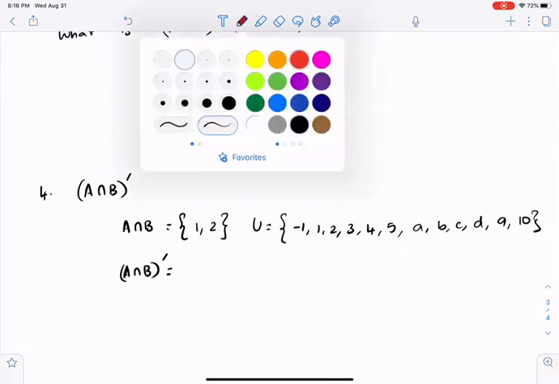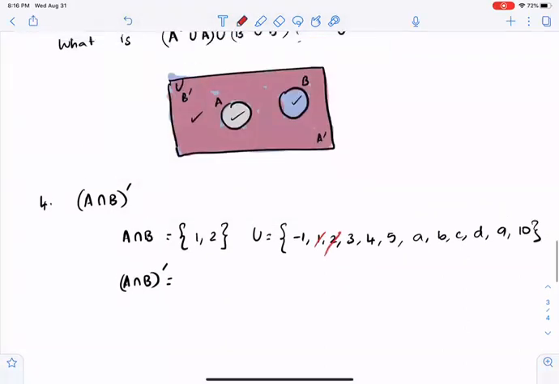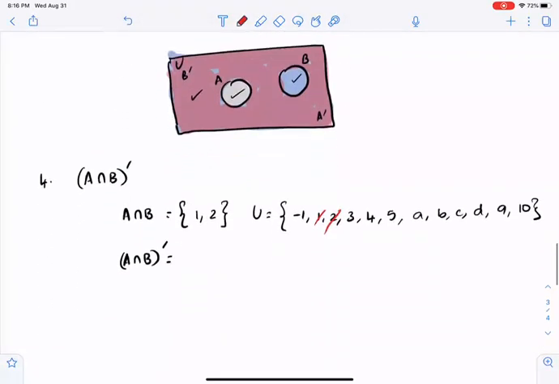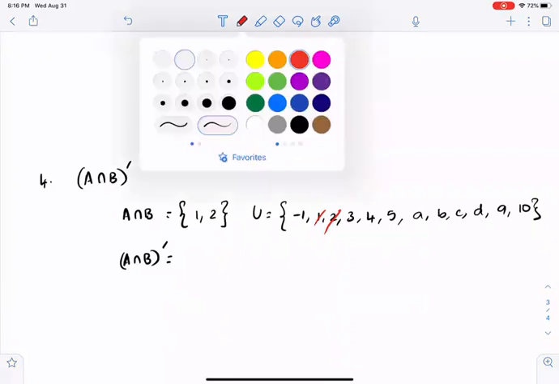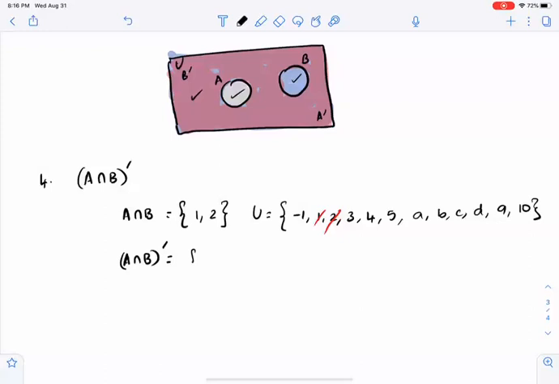So let's see, I'm going to get rid of 1, I'm going to get rid of 2. I will have -1, 3, 4, 5, A, B, C, D, 9, 10.